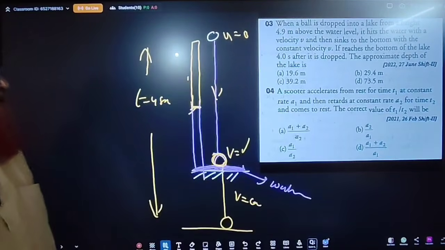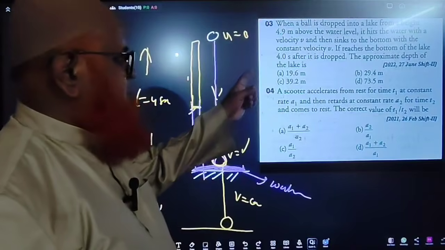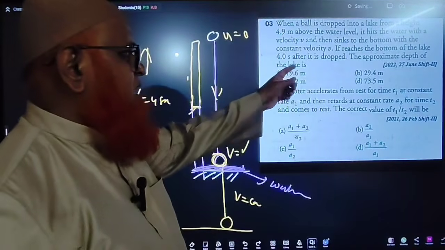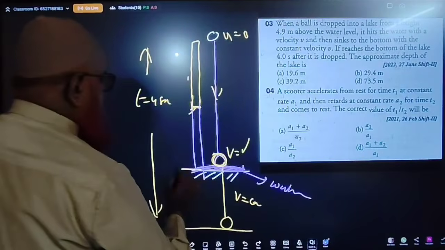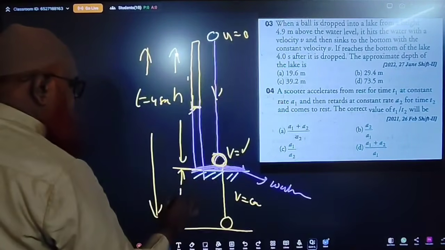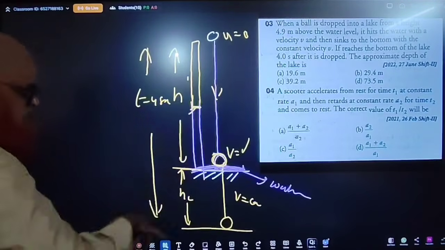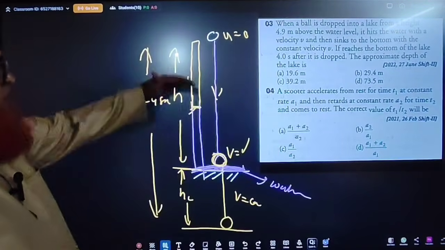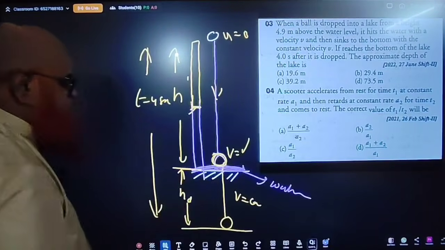What is asked is the appropriate height of the lake. So this is the depth of the lake, the height from the surface of the lake. So let us take the depth of the lake as hd.